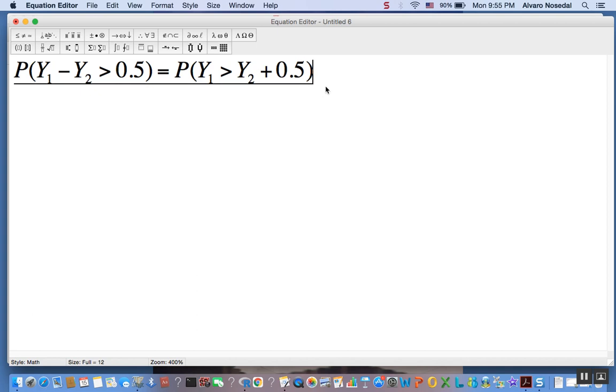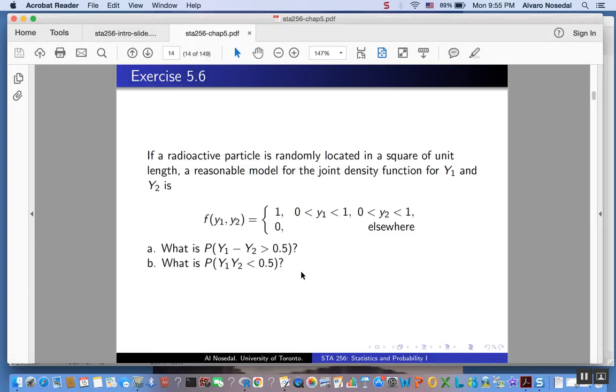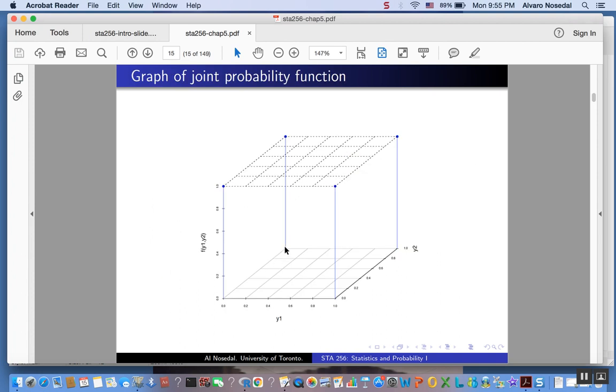Now something that we have to do, right? We already have a graphical representation of the region, the support, we call it. So it's the 0, 1 interval for y1, the 0, 1 interval for y2, all possible combinations. That's the entire region where the joint density function is non-zero, right?